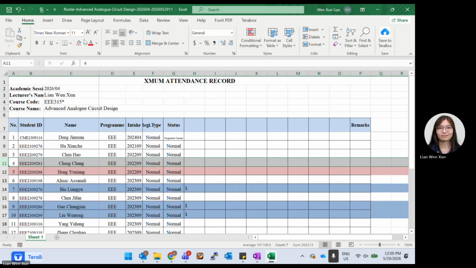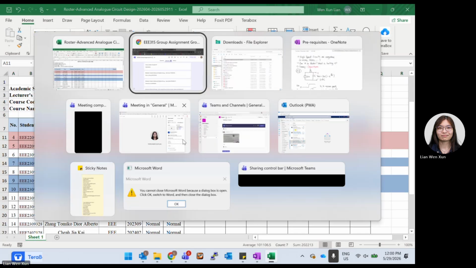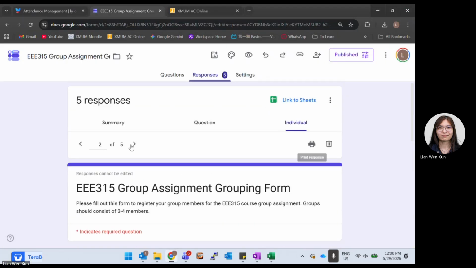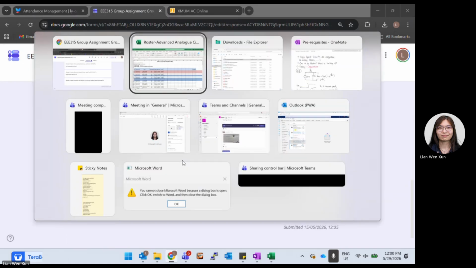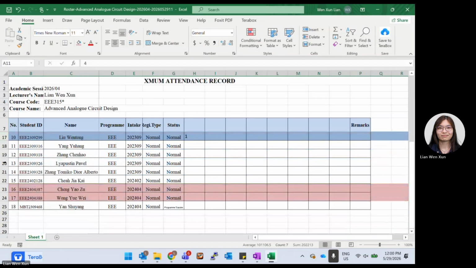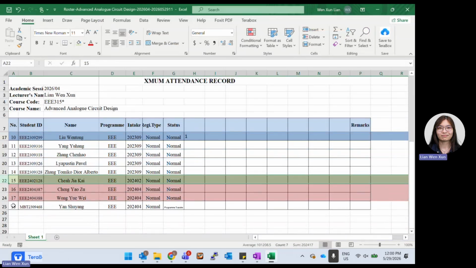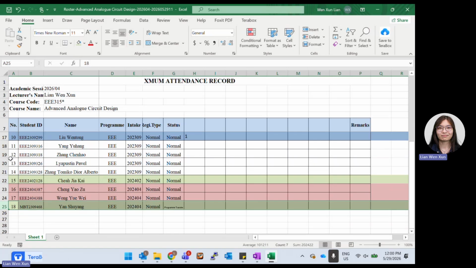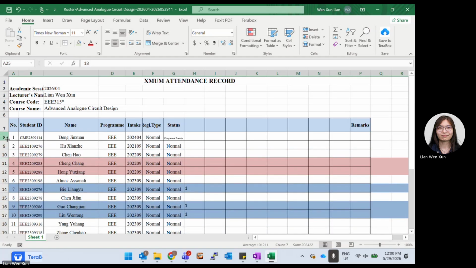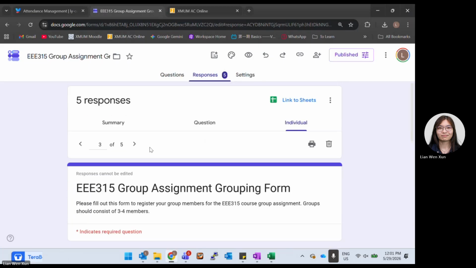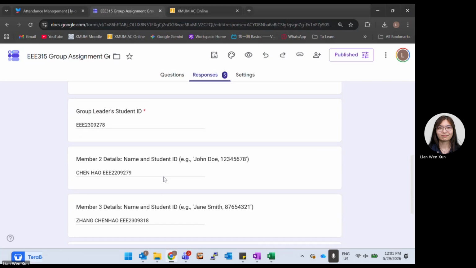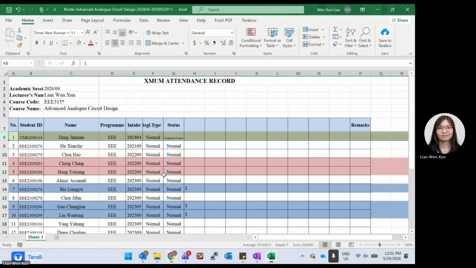This one. Okay. So Xie Jiakai, Yan Shuyang, and Deng Jingxuan. Any additional people in your group? So both Chen Hao, same group.